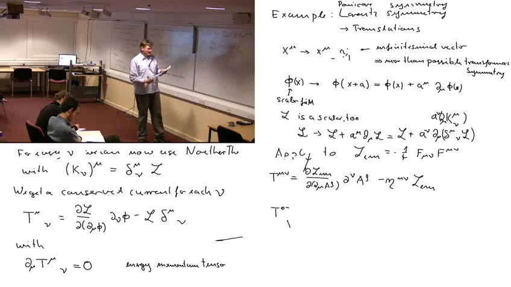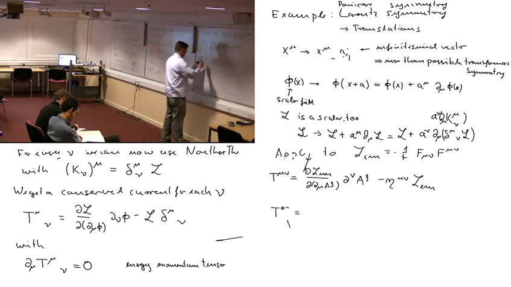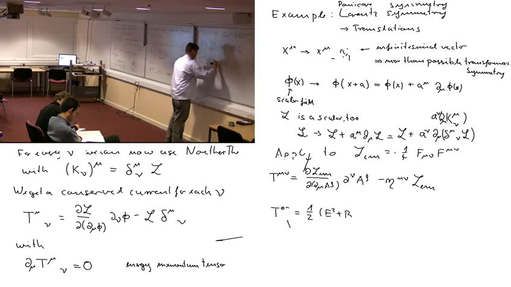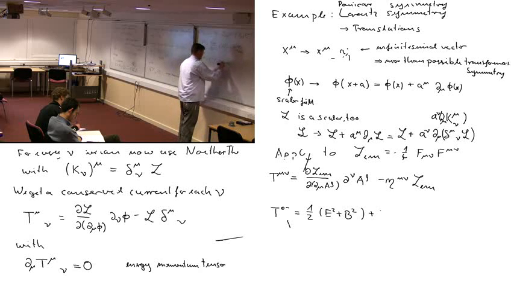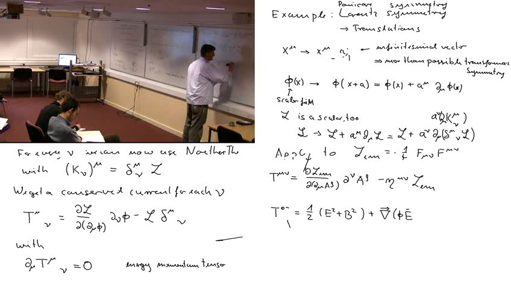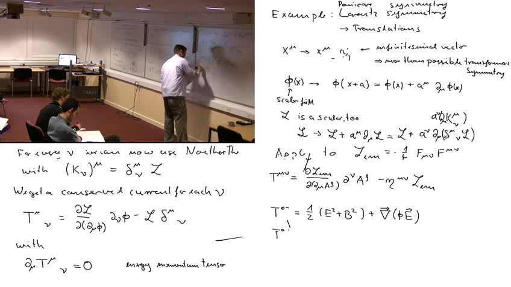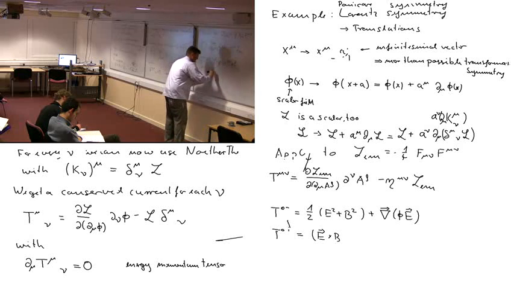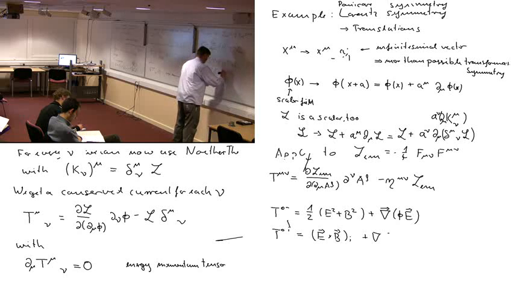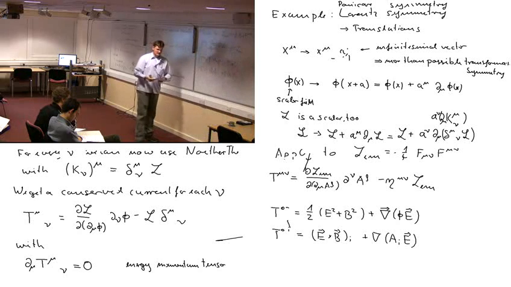interesting combinations of these indices. You can find that T00 is actually 1/2 (E squared plus B squared) plus the divergence of phi times E, and T0I is equal to E vector cross B vector, index I, plus A_I times the electric field. And A_I is the vector potential.